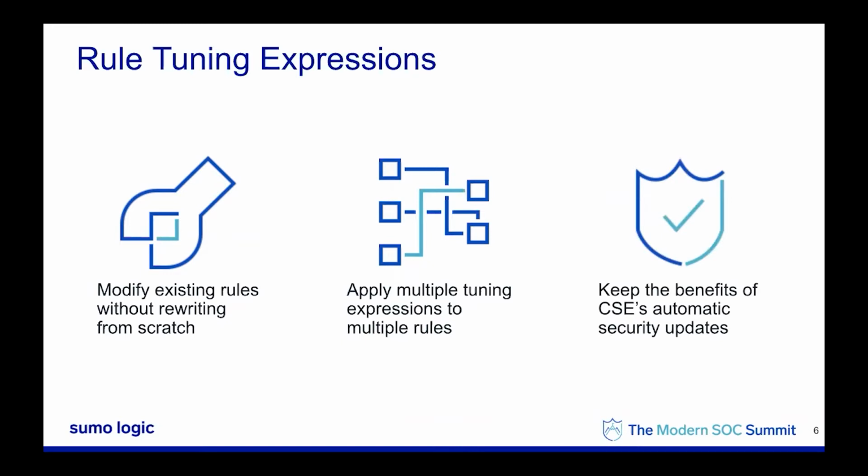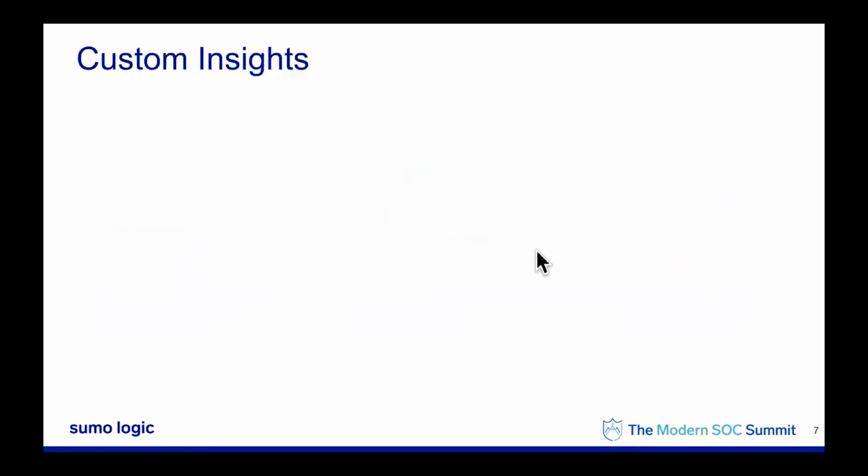Let's say that I've got a rule that deals with firewalls, and if somebody's messing with my firewalls, I want to be notified. Well, what about the person who's doing maintenance on your firewalls? That person should be authorized, and I don't want to get an alert for that. So there's a case where I might want to write a rule tuning expression. Basically I want to say, look, I want the rule to fire unless it's this person, or if it's not equal to this person, I want the rule to fire.